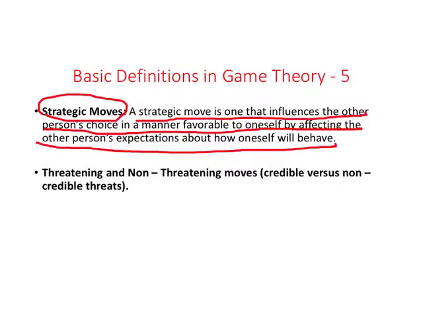As far as strategic moves go, and this is pretty interesting, we may undertake threatening moves or non-threatening moves. Whenever you undertake moves like this, particularly the threatening one, it is entirely up to the opponent to figure out whether the threat is credible or non-credible.